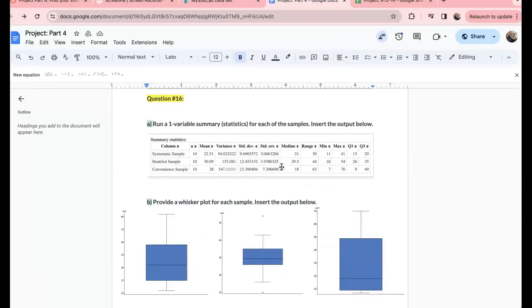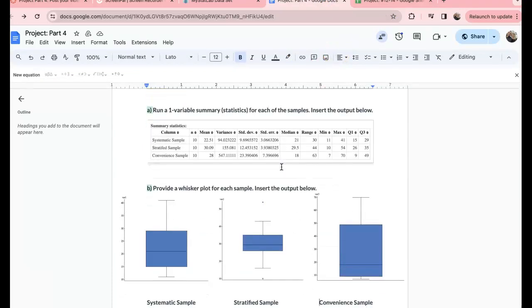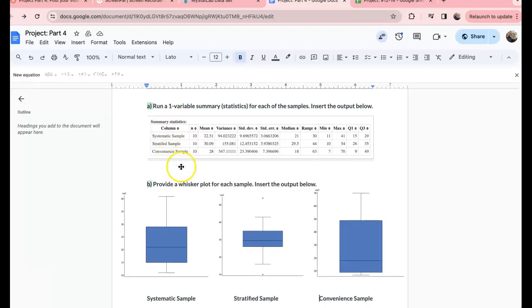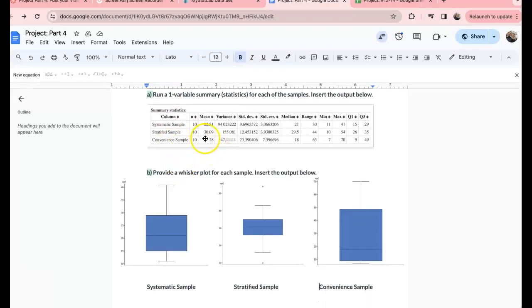So for number 16, we had to run a 1 variable summary statistics that was done on StatCrunch, and here's our output. We have the systematic sample, the stratified sample, and convenience sample, and that gives you the mean, variance, standard deviation, standard error, and so forth.